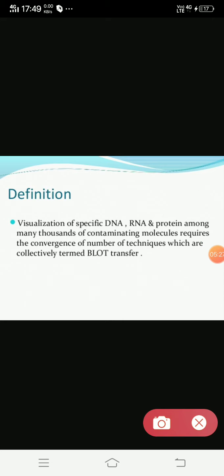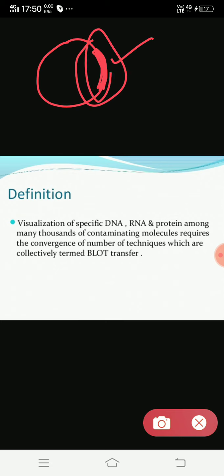In this recombinant vector, this is your gene of interest. You have to find out the position of this gene of interest in this vector, so to locate it we have to perform the blotting techniques.